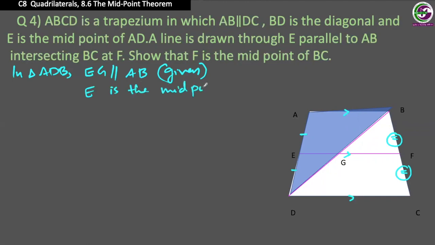So we have to apply the inverse of the midpoint theorem. A line joining the midpoint of one side of a triangle parallel to the third side meets the midpoint of the second side. Therefore, DG is equal to GB by inverse midpoint theorem.